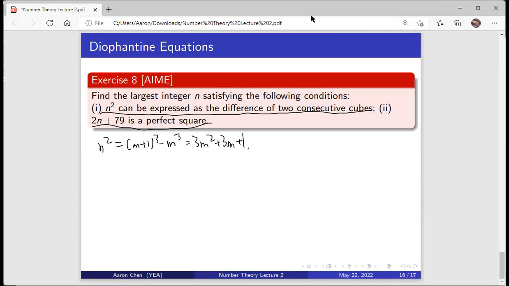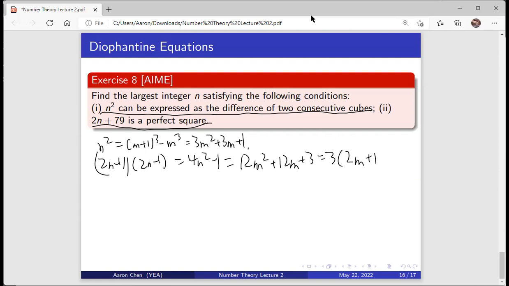This can also tell us that 2n plus 1 times 2n minus 1 is equal to 4n squared minus 1. And so this is 12m squared plus 12m plus 3, or 3 times 2m plus 1 squared.